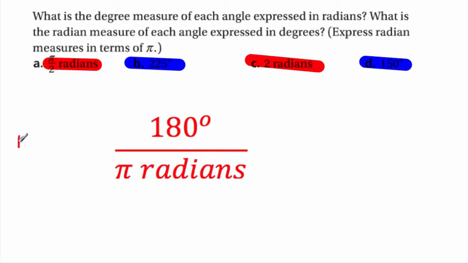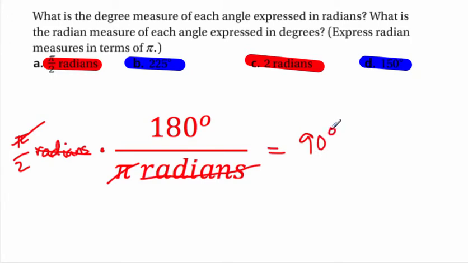So I'm going to take pi over 2 radians, and I'm going to multiply by 180 over pi radians. This pi cancels with that pi. This radians cancels with this radians. So really, I just have 180 over 2. Now, I know enough just about numbers to know that 2 goes into 180 90 times. So this is going to get me 90 degrees.